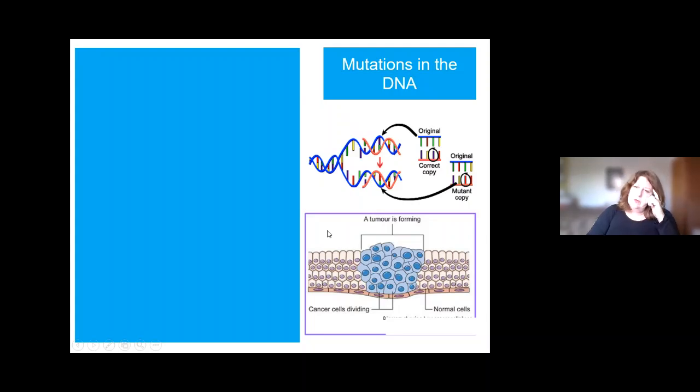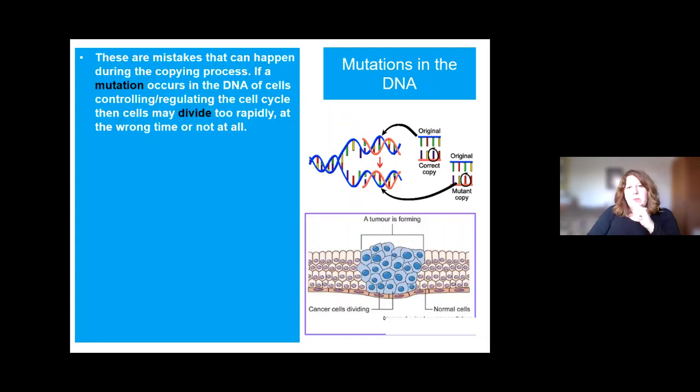The other thing I want to talk about is mutations in the DNA, in the genes that are controlling the cell cycle. As you can see in this diagram on the right hand side, you can sometimes have mistakes occurring during the copying process of the gene, during replication.